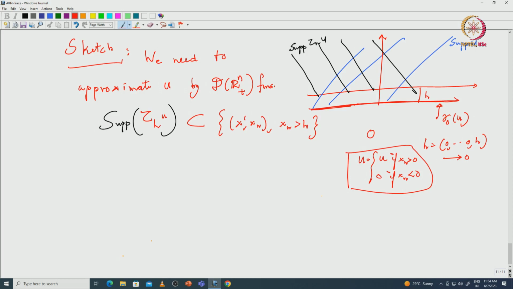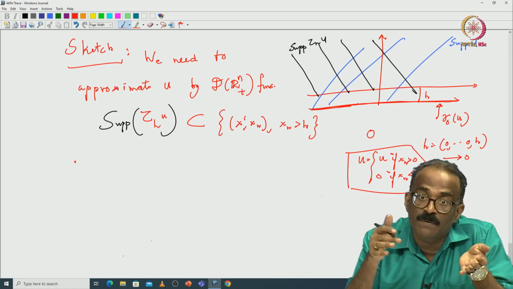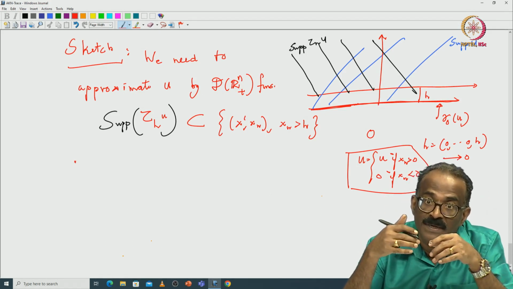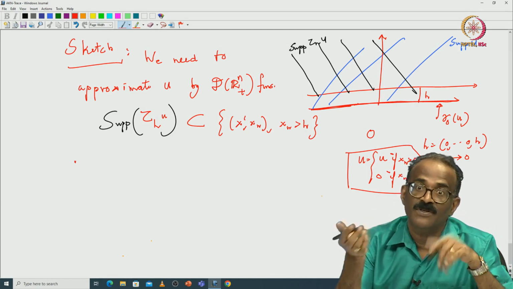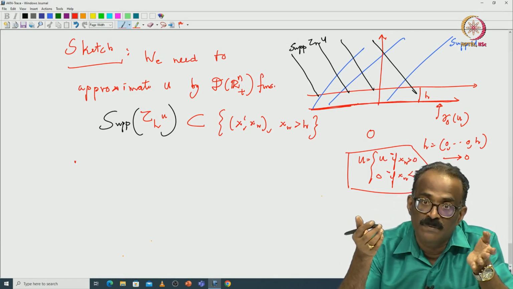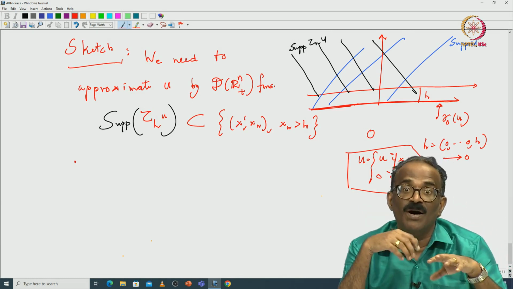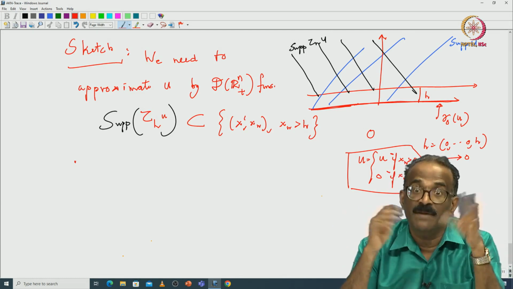Then you can actually show this for tau h of u. There are a few steps to be proved: whether tau h of u converges to u in L2, and then the derivative of tau h of u converges. So you actually have to show that tau h of u converges to u in H1, and then you have to smoothen it. You need a cutoff function with compact support.